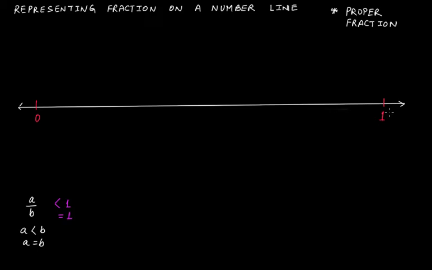Let's say that we have to represent 1 by 2. Of course this will be greater than 0 and less than 1, since it's a proper fraction. So it will be somewhere here, because 1 is less than 2, right?